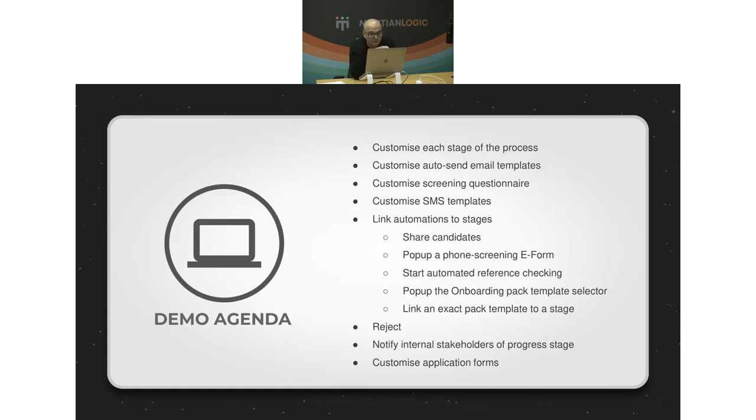So you can build that e-form. When you move someone to the phone screening stage, the e-form opens up automatically instead of you having to chase where it is and forget what to do. You don't need to use brain cells. Boom, the form opens up and you just start to type from the top. Here's the first question, here's the second question, and you capture that information.